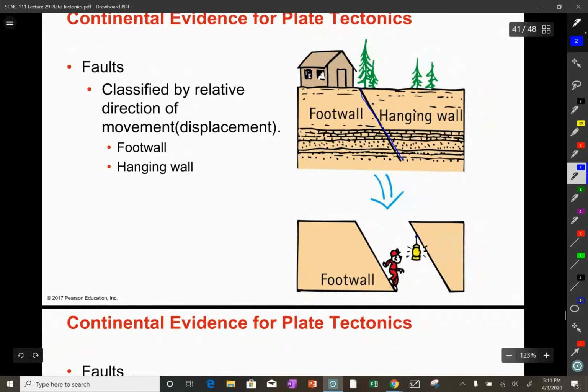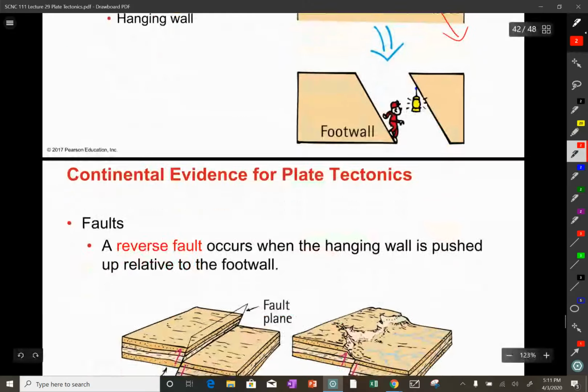Now, if these are converging, moving together, then the hanging wall is going to slide up and the footwall is going to slide down. But if it was reversed, if they were moving apart, if it was diverging, then the hanging wall would slip down. So what happens depends on the direction of motion.